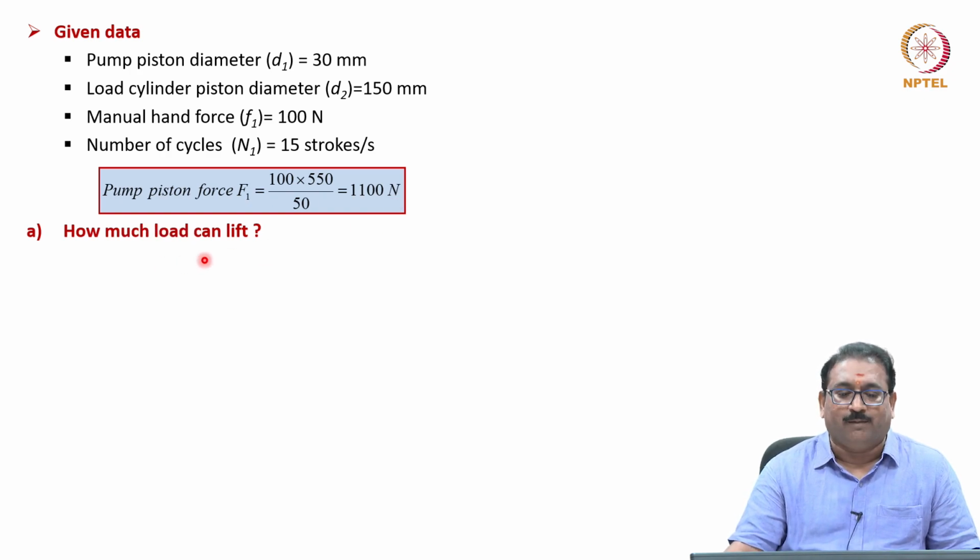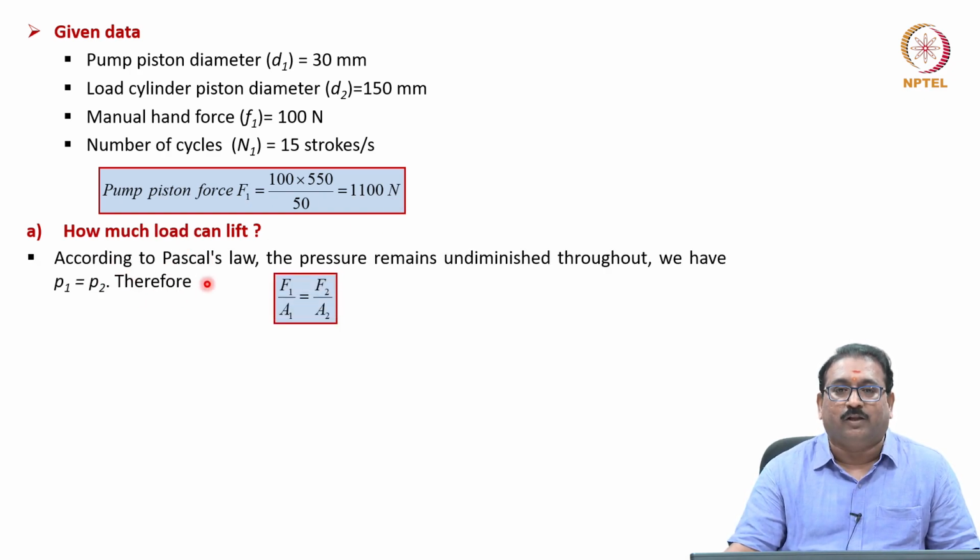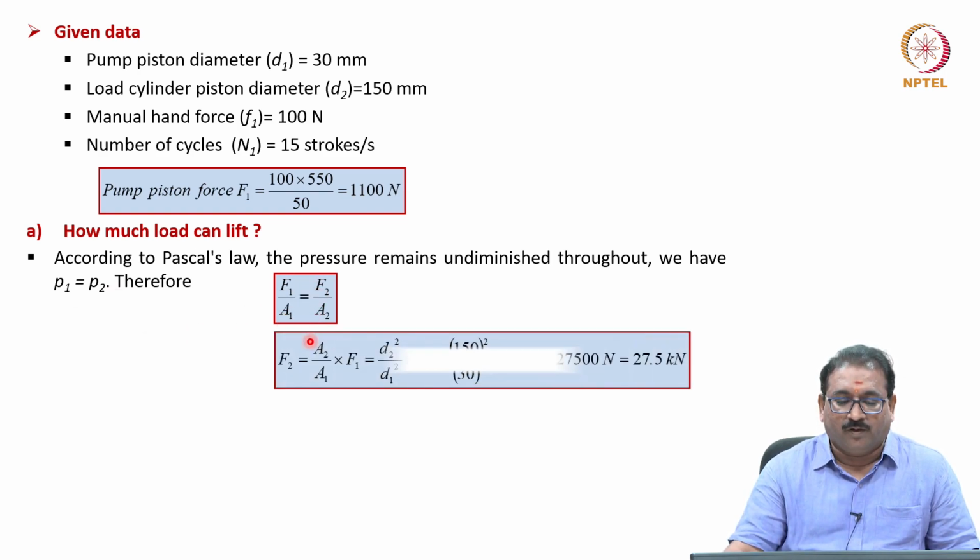Then how much load can be lifted? Already we know that according to Pascal's law, P1 equals P2, then F1 by A1 equals F2 by A2. We require to find F2. F2 equals what? A2 by A1 into F1. Here pi by 4 D2 squared, pi by 4 D1 squared. Pi by 4 gets cancelled.